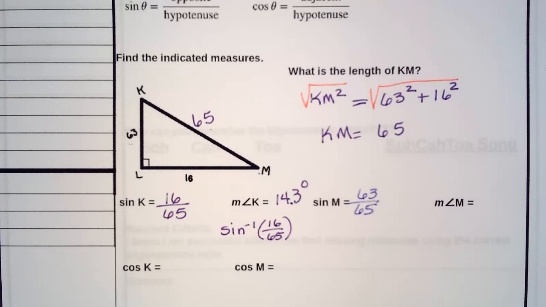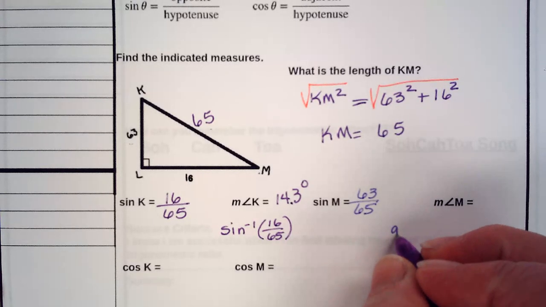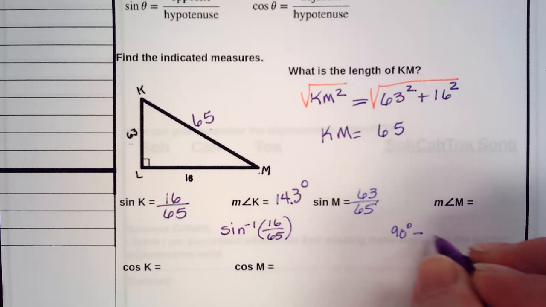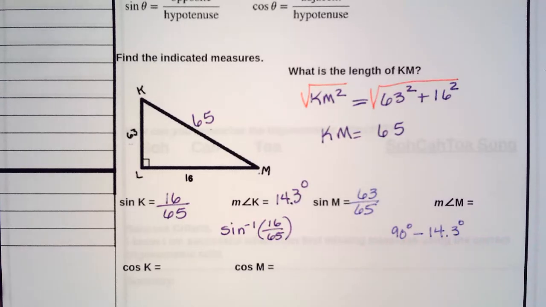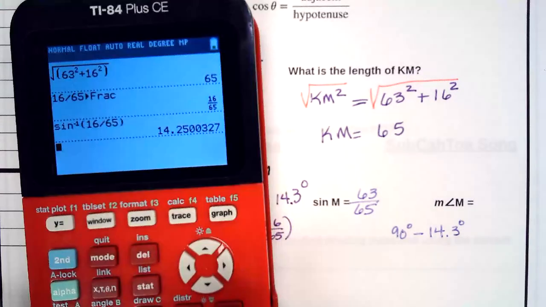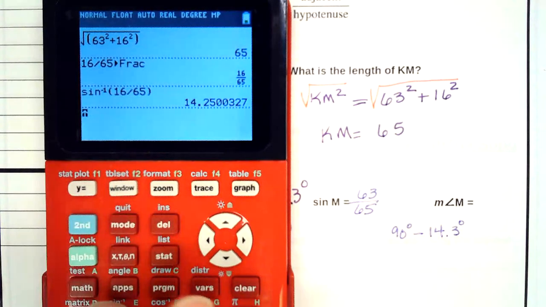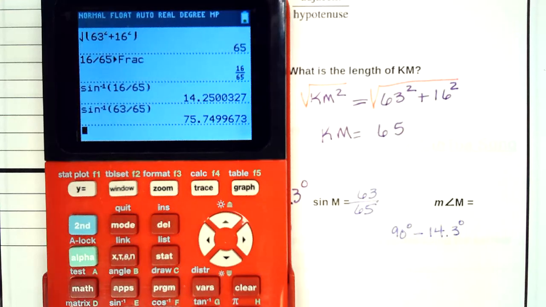Neither one of them is even, so there will be no common factors. For the measure, there's two ways I can do it. I can take 90 degrees minus 14.3 degrees, or sine inverse, second sine, 63 divided by 65, close it off, and I get 75.7.